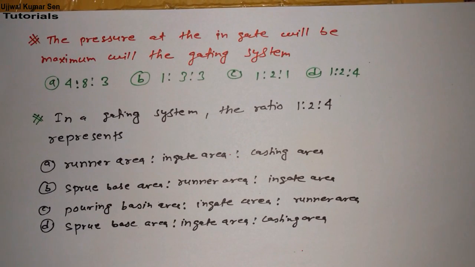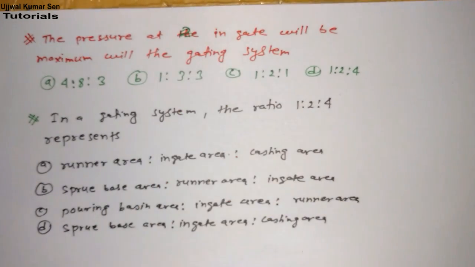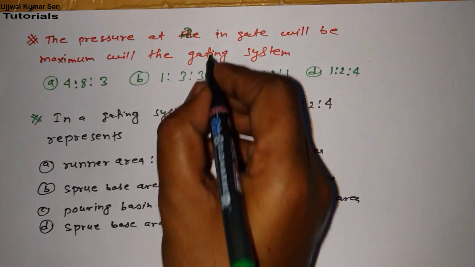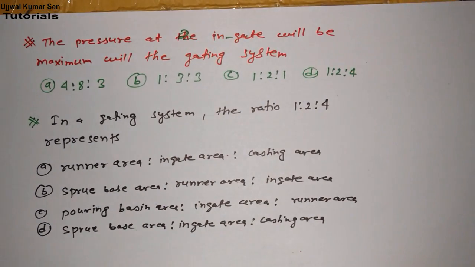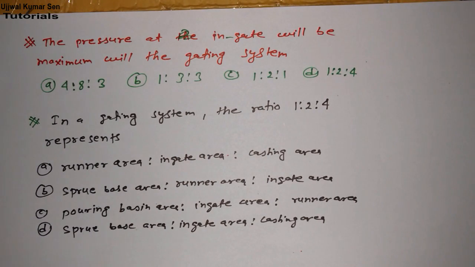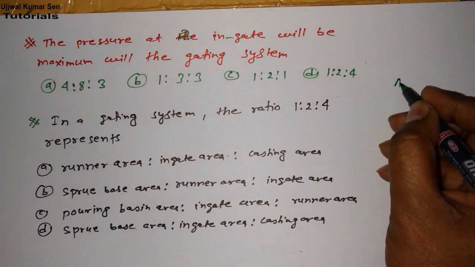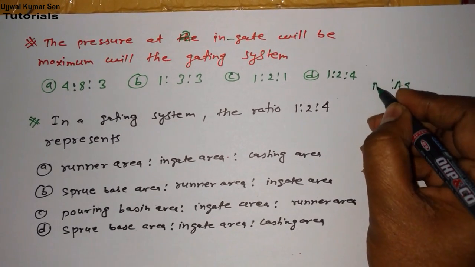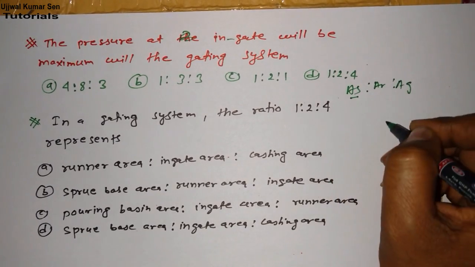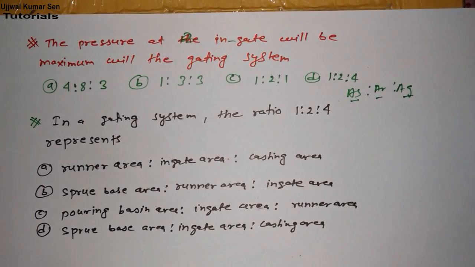The question says the pressure at the gate will be maximum in the gating system, so it is talking about a pressurized gating system. As I shared, the order is area of sprue, area of runner, area of gate.